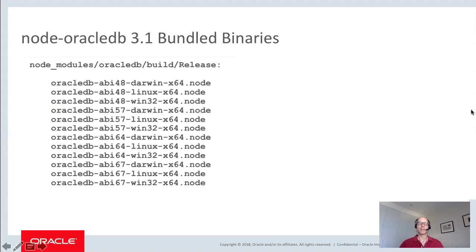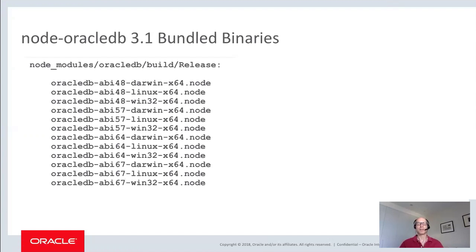But if you have any of these three platforms, Mac, Linux, or Windows, 64-bit, and you're running, this is the ABI, the Application Binary Interface, which is a Node.js feature. So this corresponds to Node 6, Node 8, Node 10, and then Node 11. If you're running on one of those, then everything will just work.